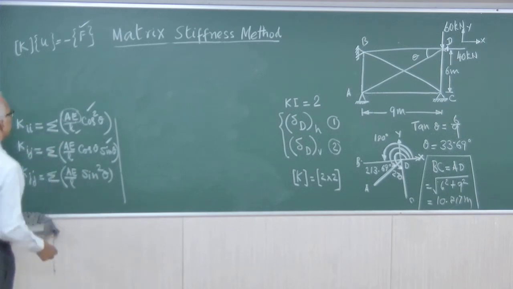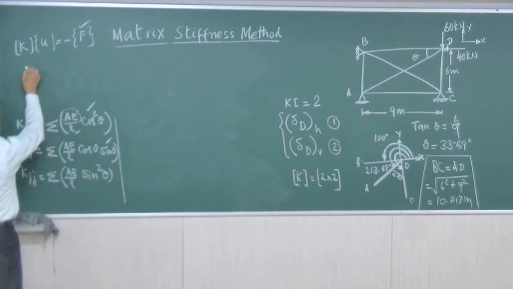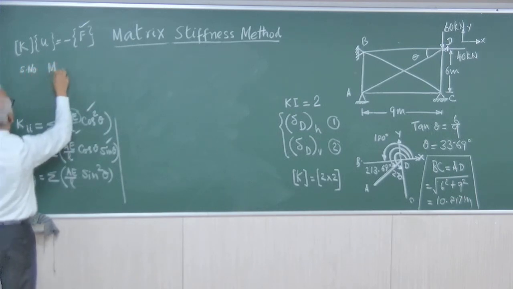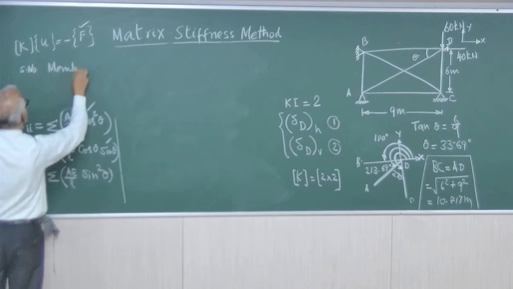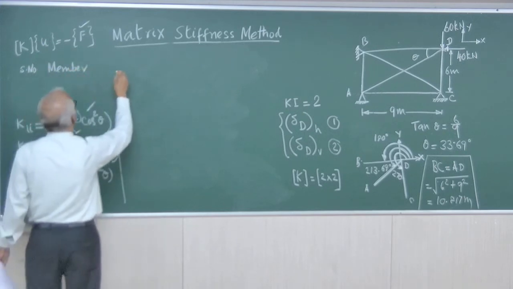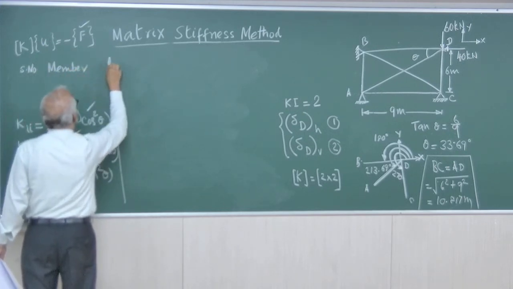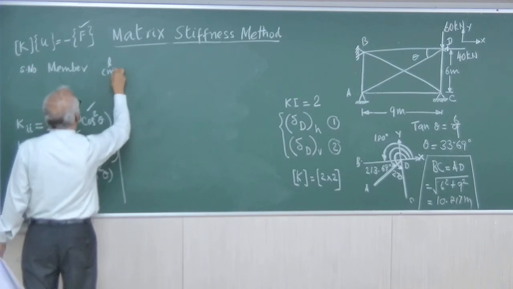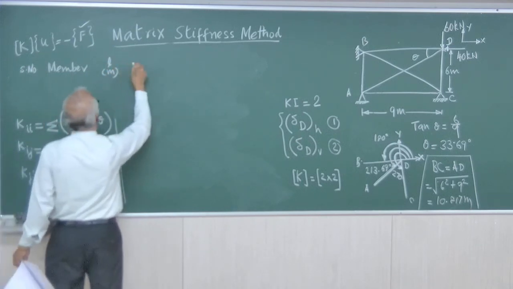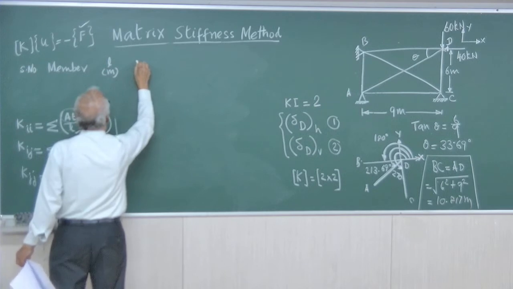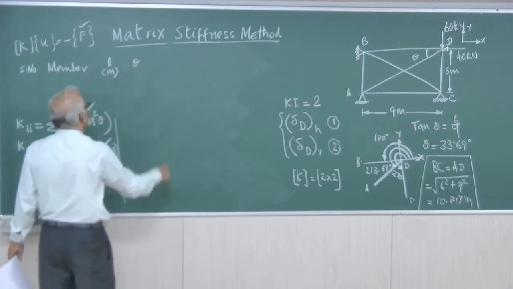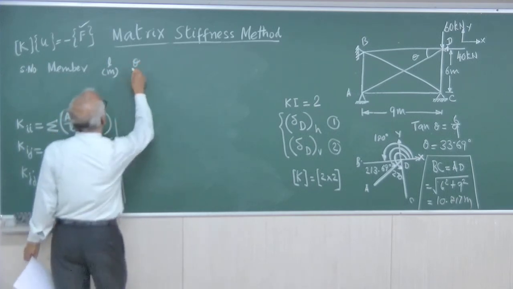So coming to the calculations, serial number, member, lengths are different, therefore L in meters. Then we require theta values for different members in degrees.